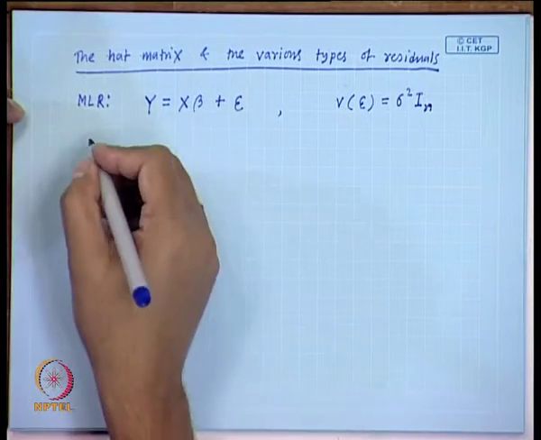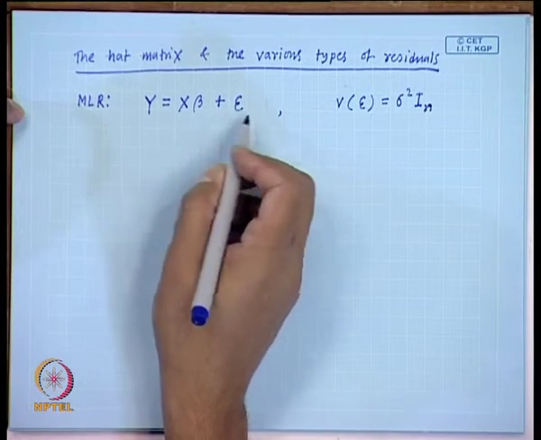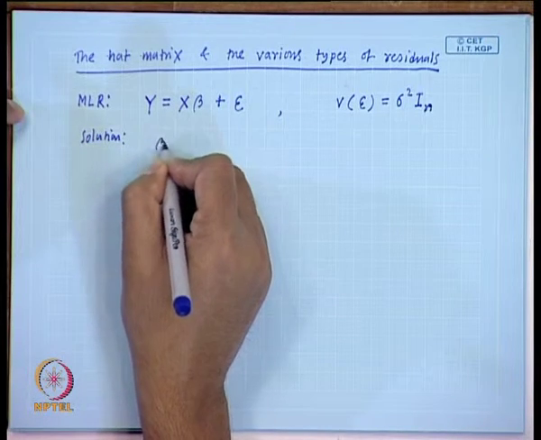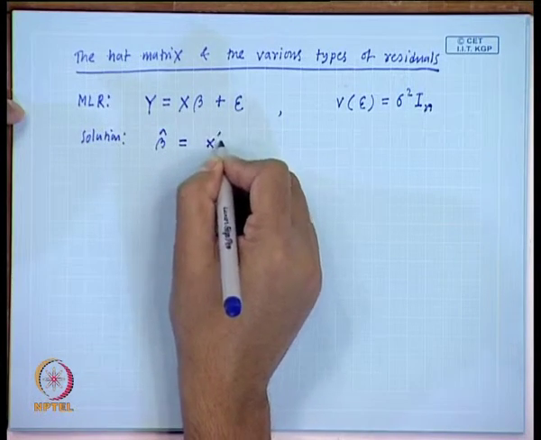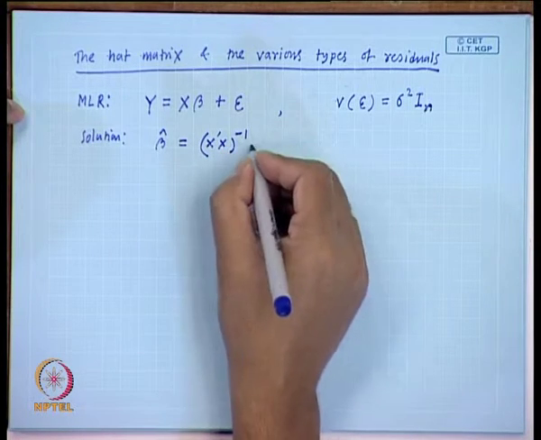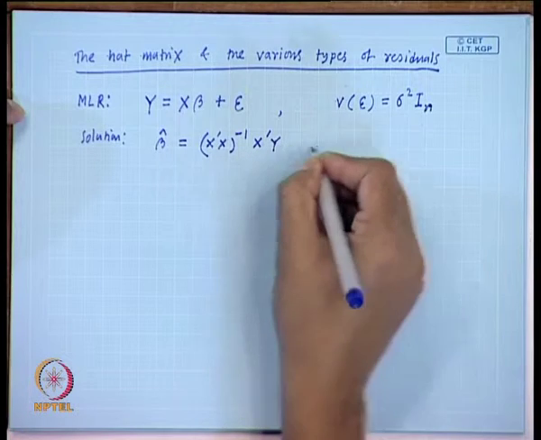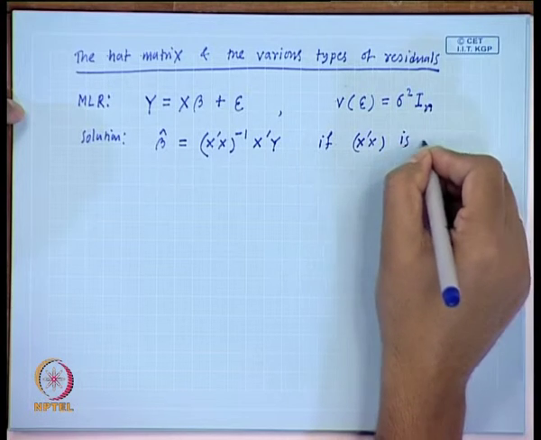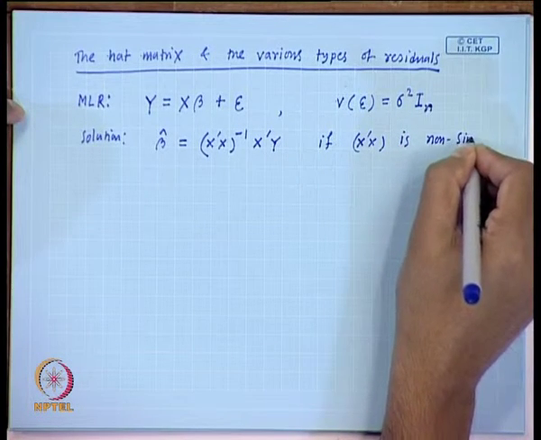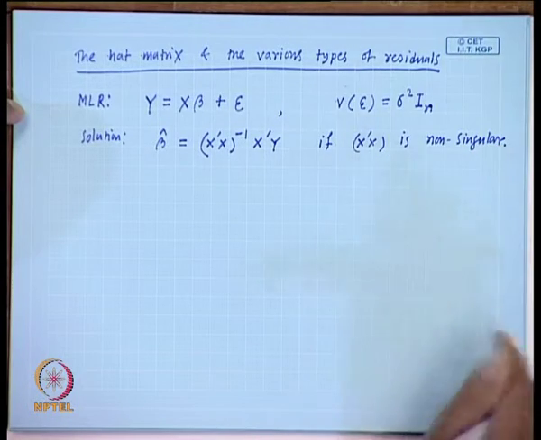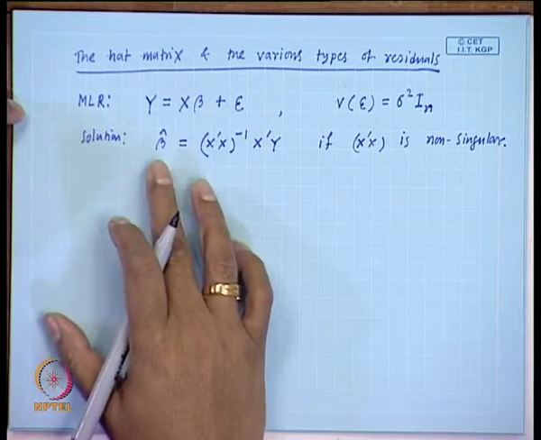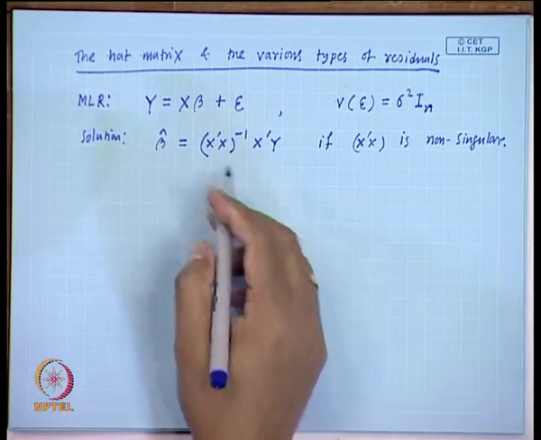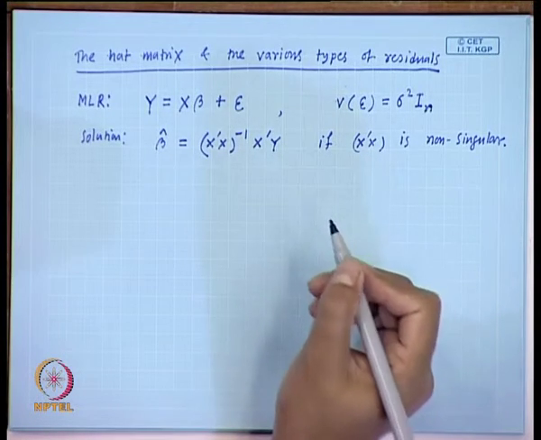Now, the solution of this multiple linear regression model is, we know that beta hat is equal to (X prime X) inverse X prime y if X prime X is non singular. Okay. So, this is the least squares estimator of the regression coefficients, (X prime X) inverse X prime y.